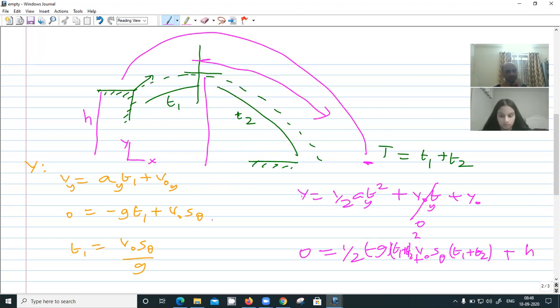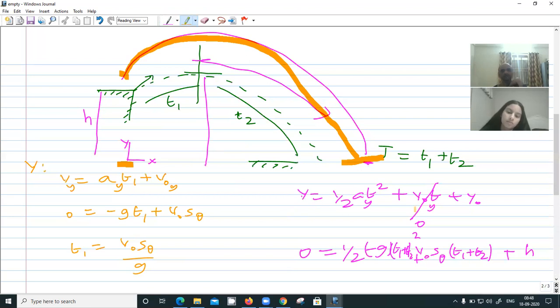So I'm choosing my coordinates as this space. The origin of the coordinate system is here, and I'm analyzing this full motion. This is the initial point and this is the final point. So I'm using this y equation, where y is this final y, which is 0, and a_y is minus g because g is in the downward direction. And t is the total time, which I can put as capital T or t1 plus t2.